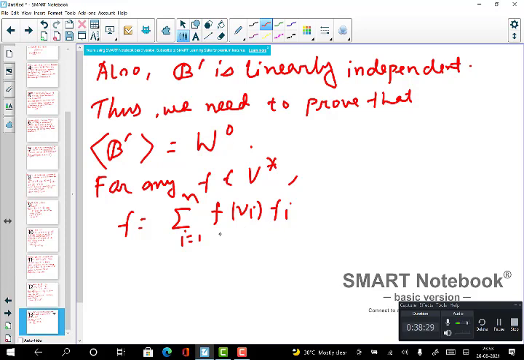Now if f belongs to W naught, I need to show that it is spanned by the elements of B dash.